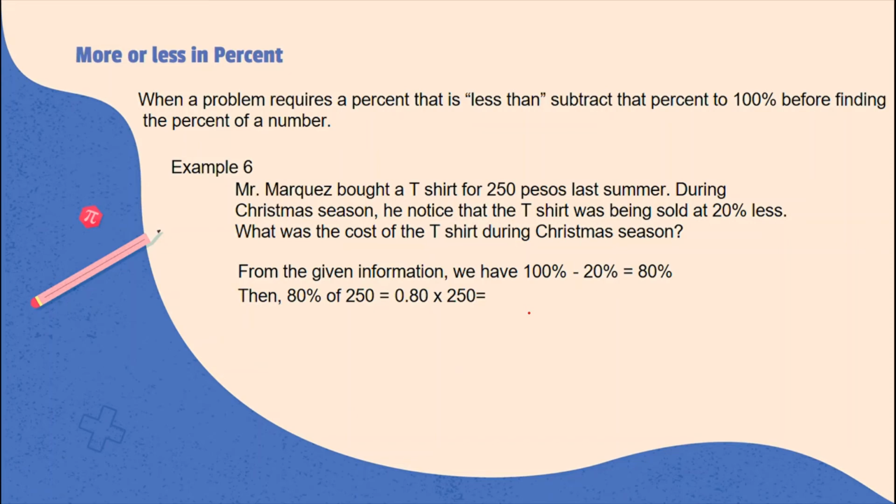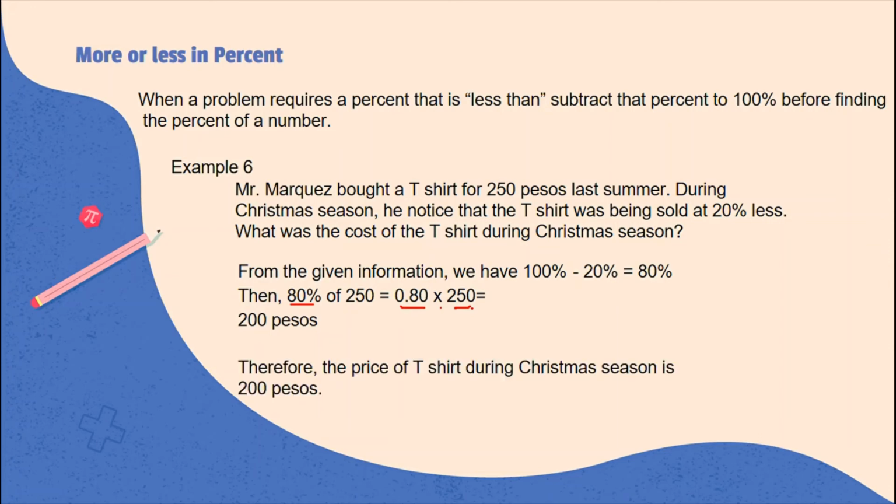So 80% of 250. Change this into decimal, that makes it 0.80. Multiply it with the price of the t-shirt, which is 250 pesos. 0.80 times 250 pesos, then the answer is 200 pesos.